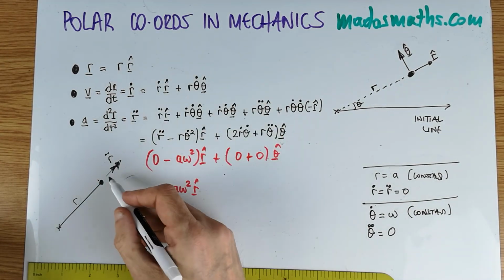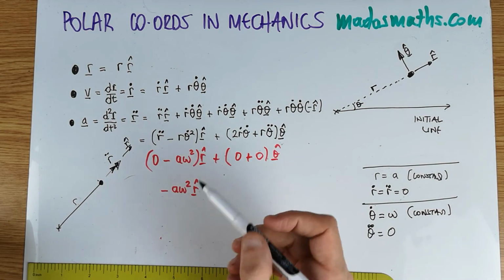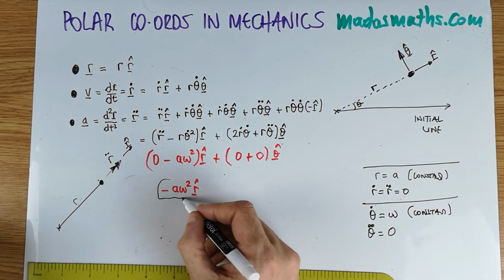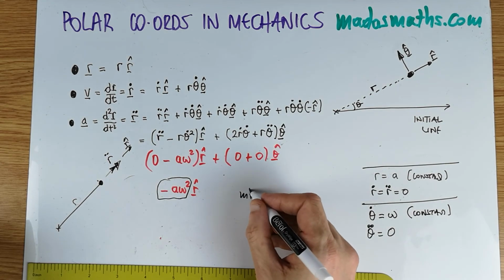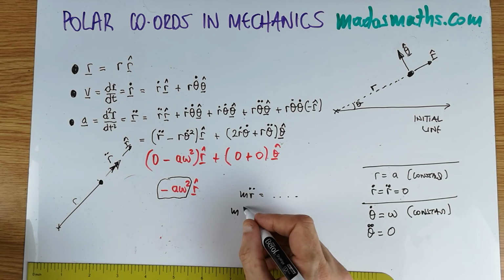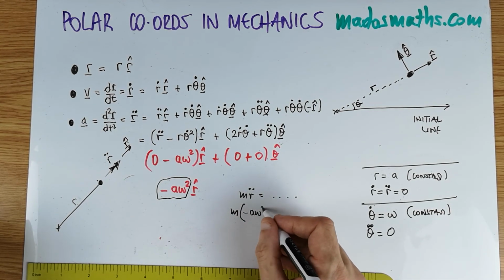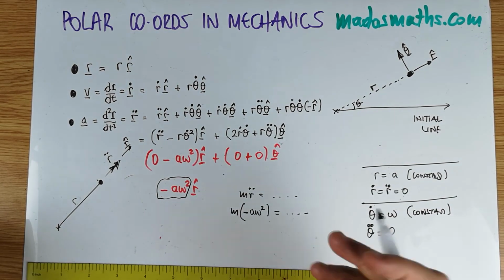This is your r hat direction. Therefore, the acceleration must be marked in this way. But its magnitude, when I substitute, so I'm doing m r double dot is equal to blah, blah, blah. When I'm substituting the r double dot, then I'm marking minus a omega squared is equal to dot, dot, dot, because that's the correct way to make the calculus work.